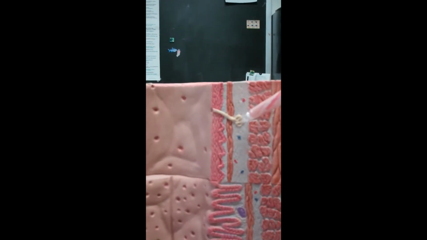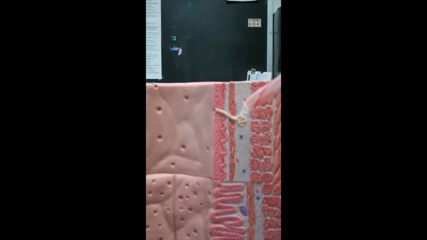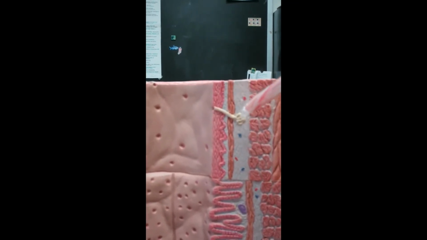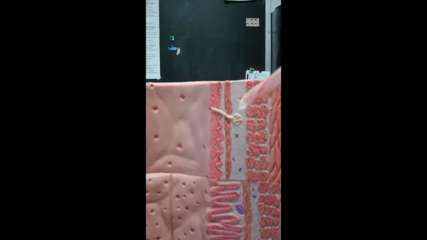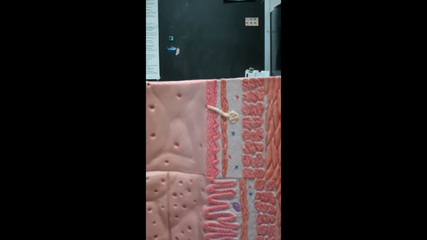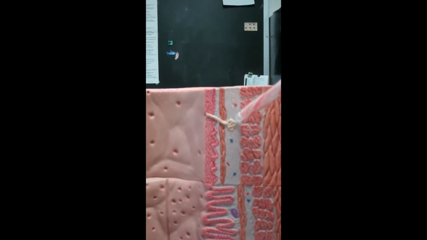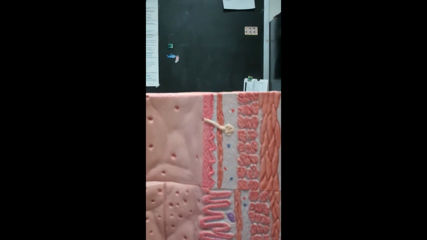Remember, some of these sweat glands that are represented are one big coiled tube, and from our book I think it said stratified cuboidal epithelium is lining the tubing and providing the sweat that then is pushed onto the surface here.